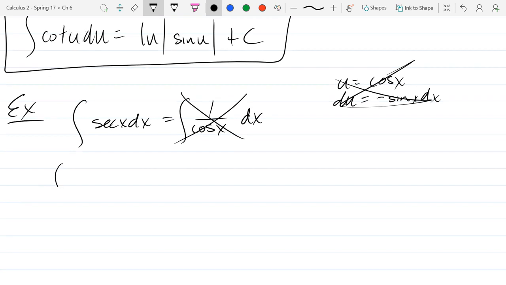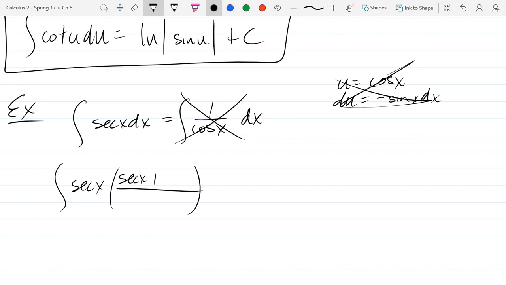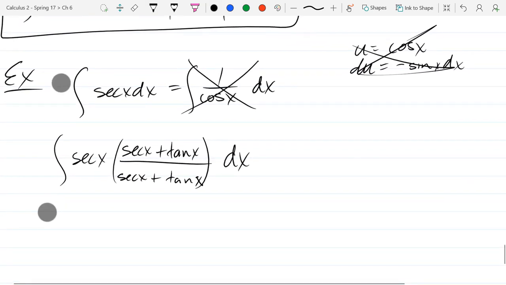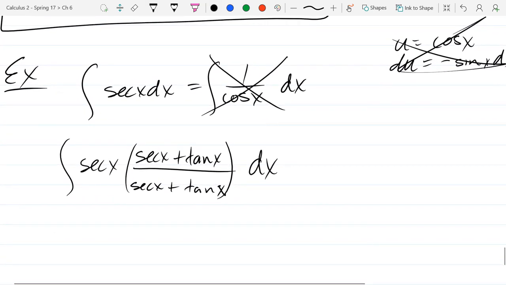What we're going to do instead is multiply by something that will look very arbitrary: secant x plus tangent x. There is no reason why you should think that this would be a reasonable thing to do.